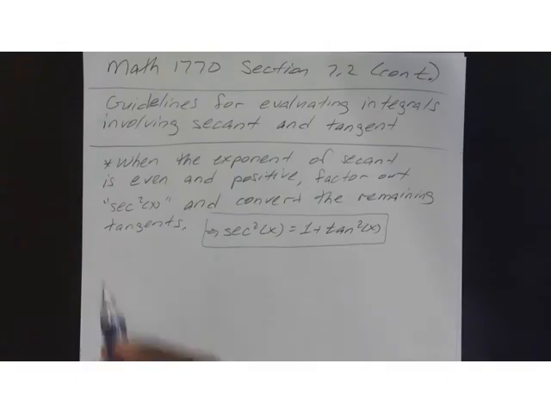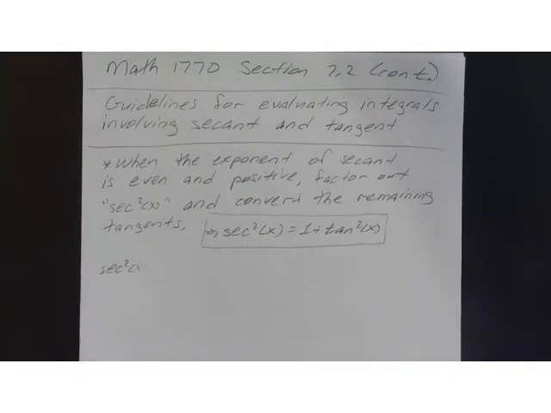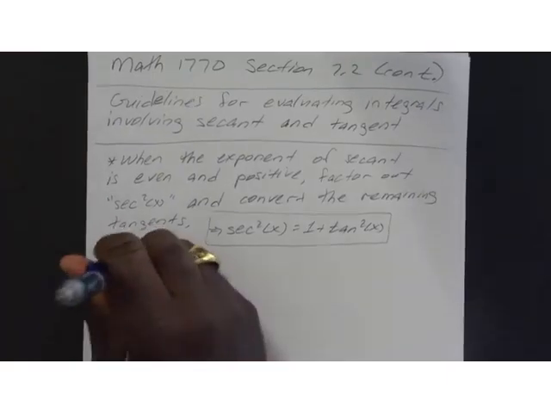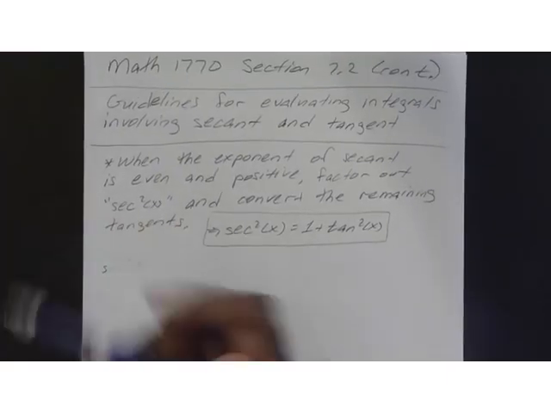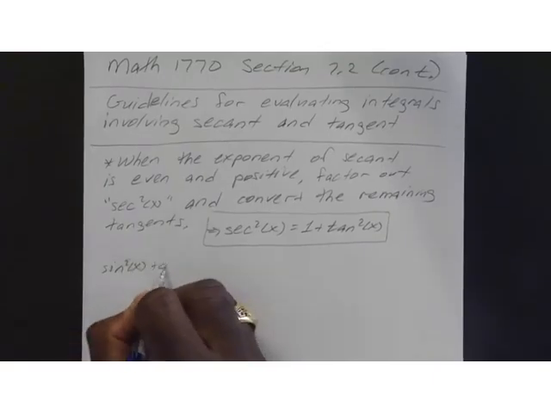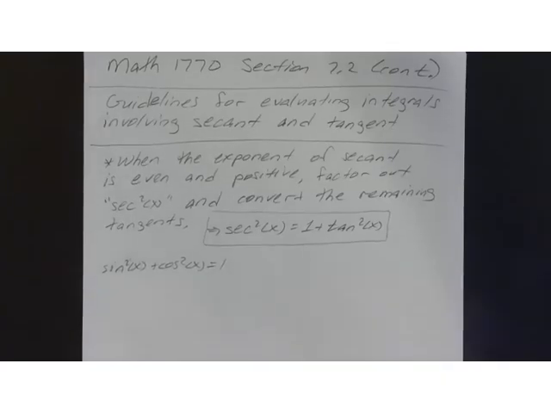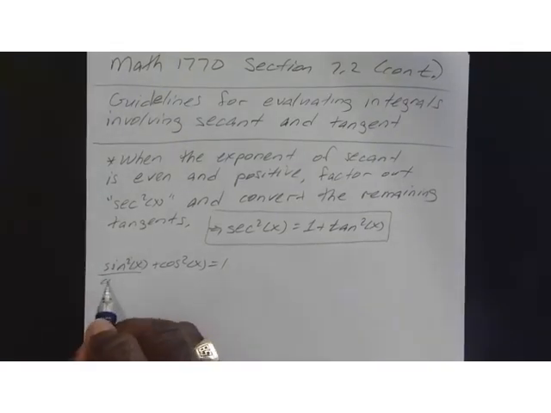Okay. And just like before, it just all comes from, oh, not secant squared. Sine squared plus cosine squared is equal to 1. You divide every term by cosine squared.